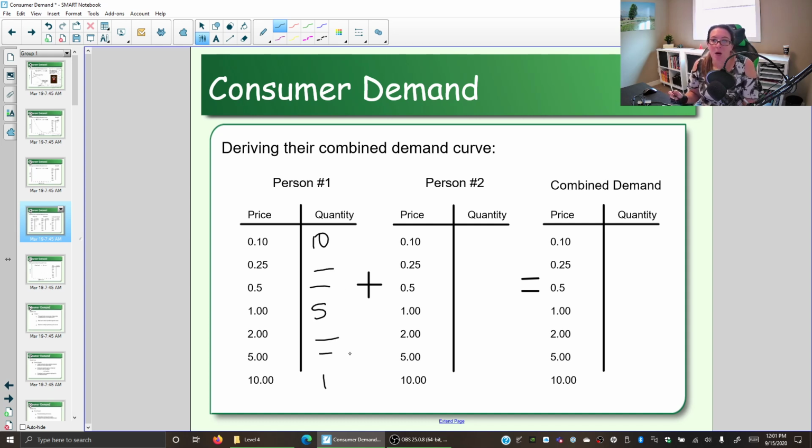To find the market demand, we add up the quantity demanded at each price. So if the second person doesn't like coffee very much, even though they can afford it, so they're able to buy it, they may not be very willing. And so at 10 cents, they're only willing and able to buy 2. So we can then start to derive the market demand curve by adding up the quantities at each price.